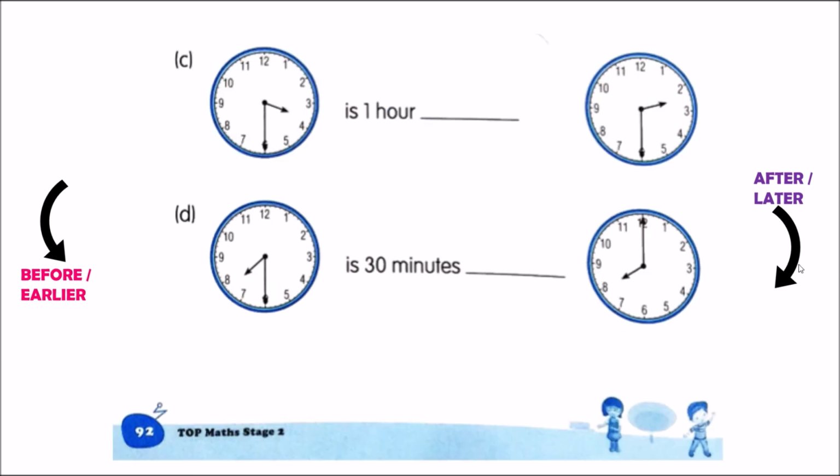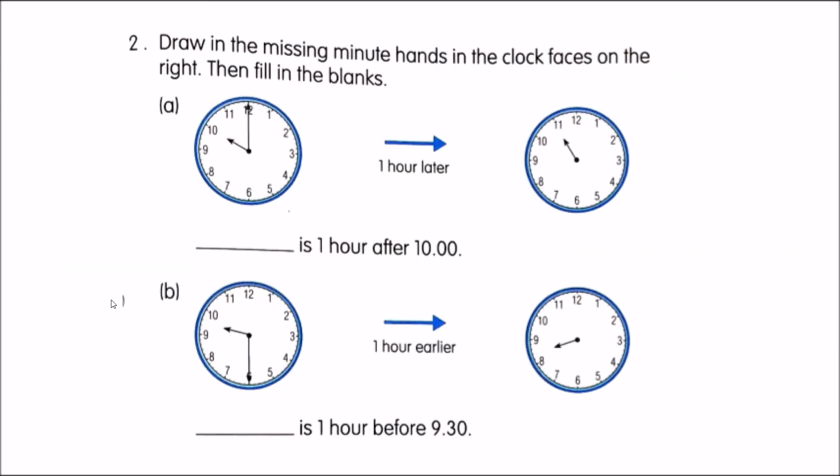And this is the second page of your worksheet. Now on this page, you have to draw the hands, the minute hand. It's 10 o'clock. What is 1 hour later?